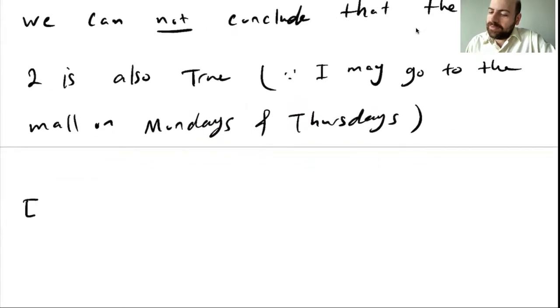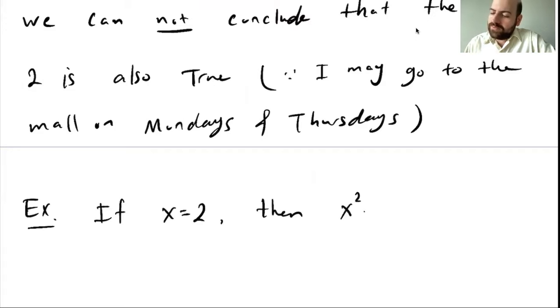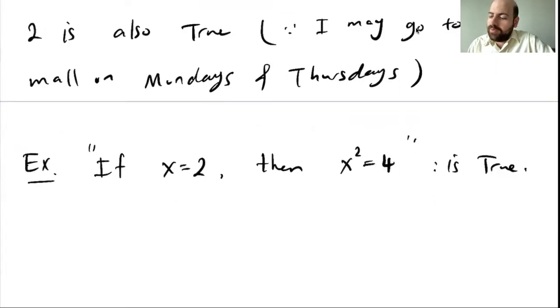Okay, so for another example, let's say a mathematical example: if x is equal to 2, then x squared equals 4. So this one is true, right? If x is 2, then x squared is 4. What about the converse?